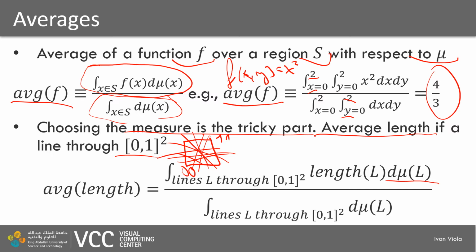We can see here that the average length will be computed as, for all lines which go somehow through the 0 and 1 square, their length is here, and then we have divided it by the integral of the measure itself.